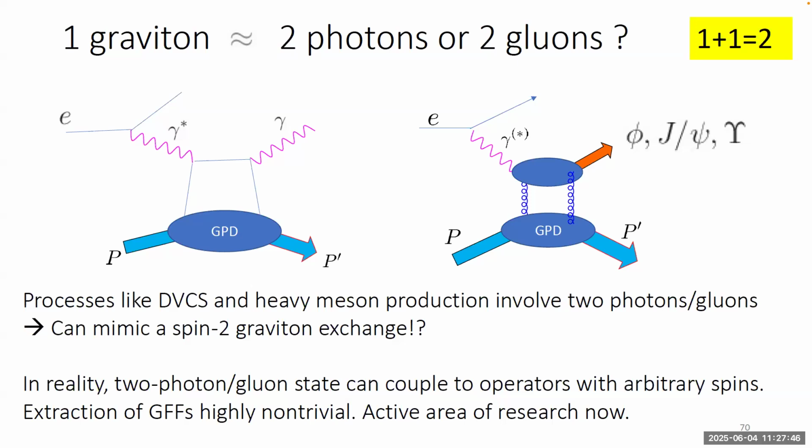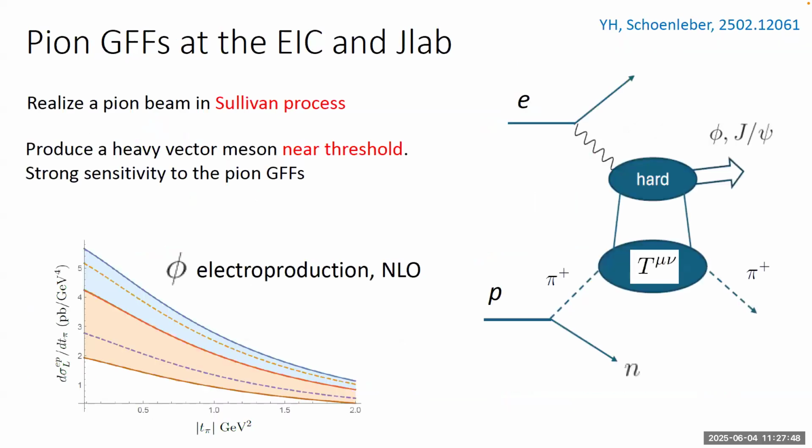I'm not going into the details, but let me just show you that my most recent paper is in this direction. This is a proposal to measure the pion gravitational form factor at the Electron-Ion collider and JLab. The idea is to use the so-called Sullivan process. You might have heard of this.